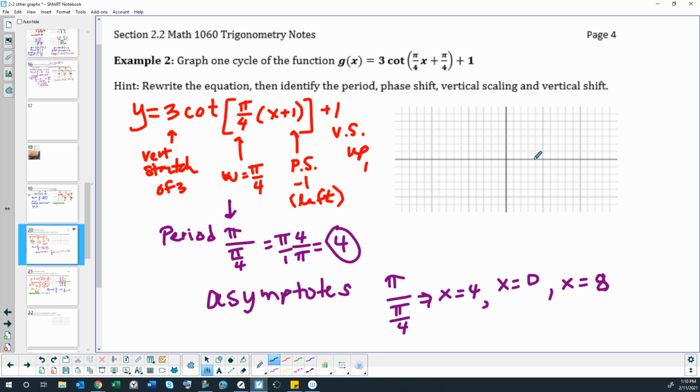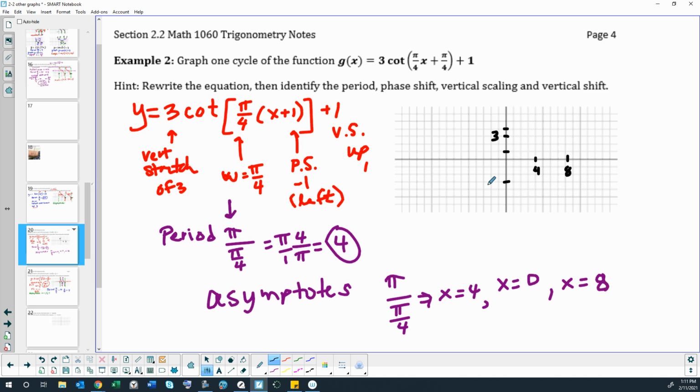Let's just count it like it is. So let's say that 4 is here, and 8 would be 1, 2, 3, 4. 8 is there. And 3 is going to be important because we have a stretch of 3, so we're going to see what that does. Then we also have a plus 1 for our midline, so 1 is going to be important, which means that 3 is actually going to move up to 4.